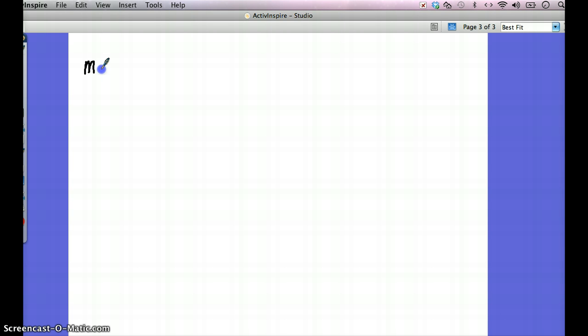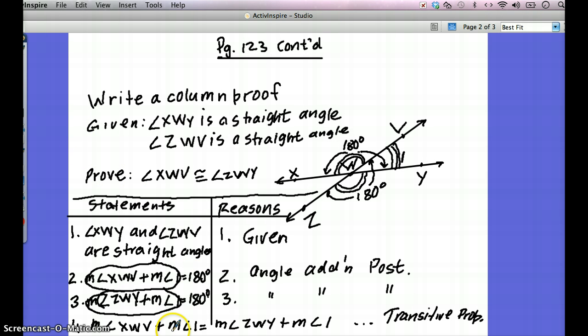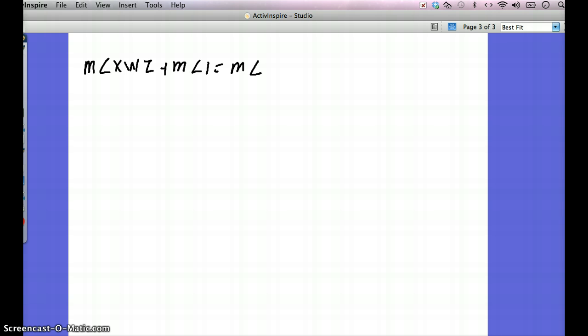Let me just rewrite what we had. Measure of angle XWV plus measure of angle 1 is equal to measure of angle ZWY plus measure of angle 1.